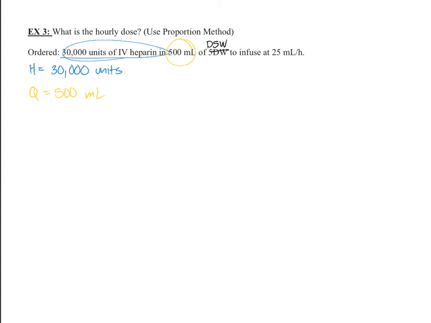A, the amount that we are infusing at, is 25 milliliters per hour. Also the flow rate of infusion. Okay, all of these are in the correct units, so we don't have to do any conversion, so we can go ahead and calculate.